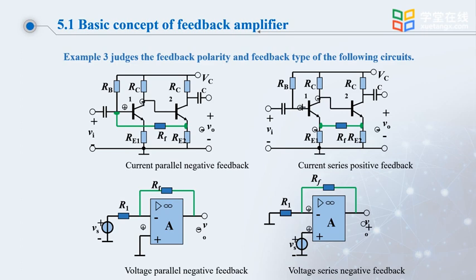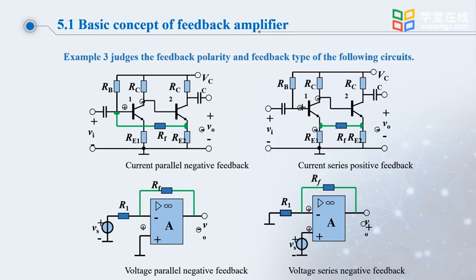Let's look at the net input signal. It is the same-direction input voltage minus the reverse input voltage. So the reverse input is this VF point potential. We give an instantaneous positive at the input port. The output port has an instantaneous positive. So after the resistance, the port to which the resistance is connected is also instantaneously positive.